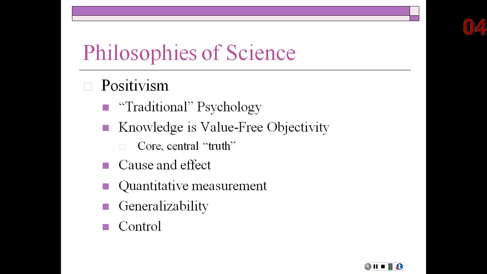Community psychologists completely disregard this philosophy of science. You will not find a community psychologist that adopts this philosophy of science. Other more traditional psychologists, experimental psychologists, might utilize this philosophy, but this is going to the wayside in psychology currently.